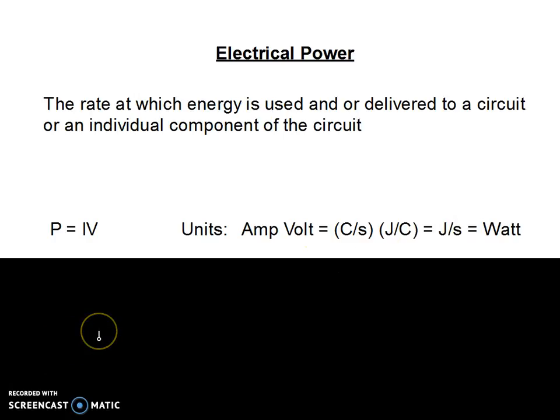So when you hear the word watt with electricity, you probably think of light bulbs. And an example is a 60-watt bulb, which is giving you the power rating. Now, with light bulbs in your house, they're all designed to operate with a voltage of 120 volts. So when you plug a light into an outlet in your house, the outlet supplies 120 volts across that 60-watt bulb.